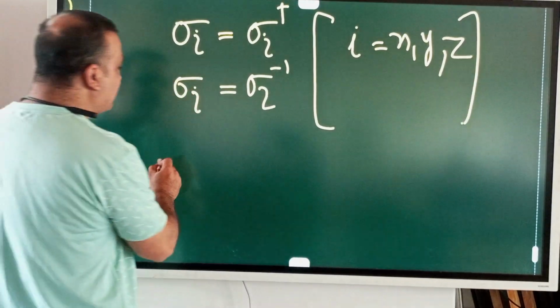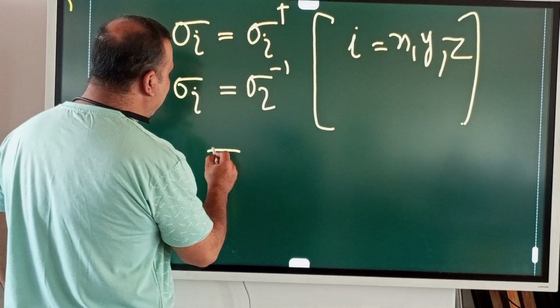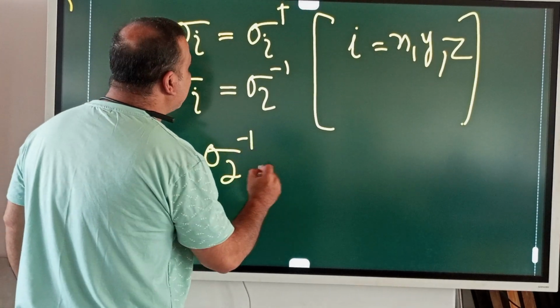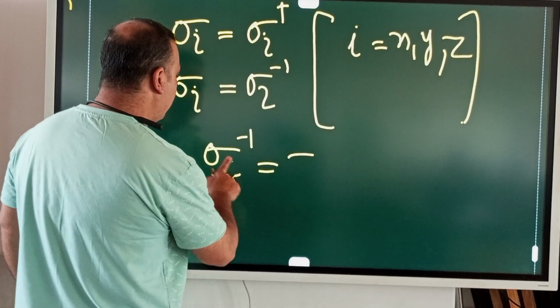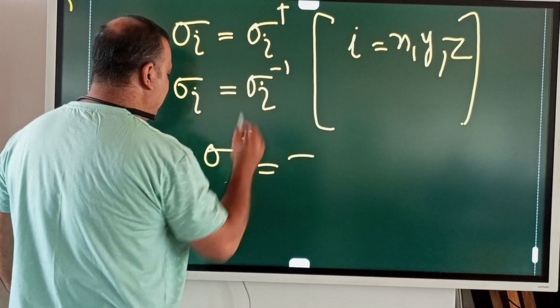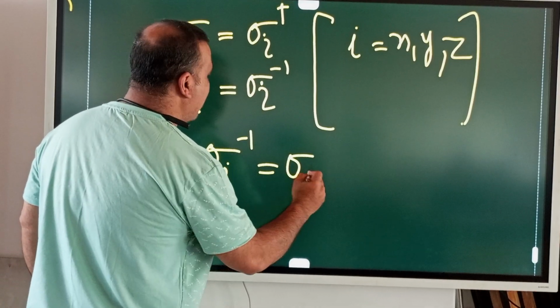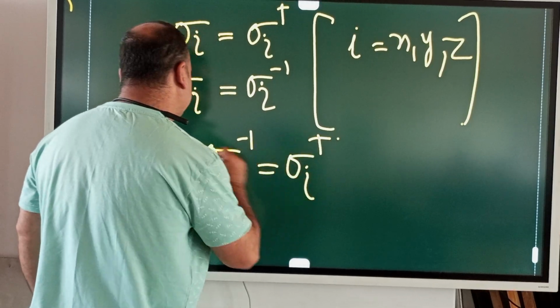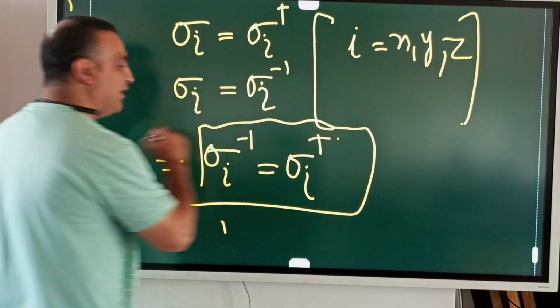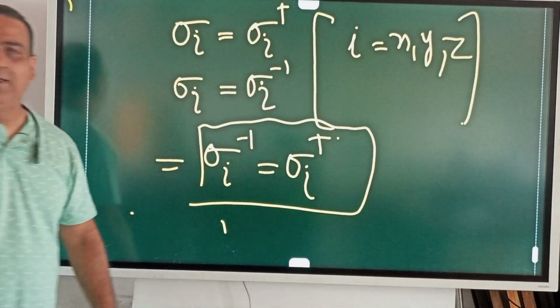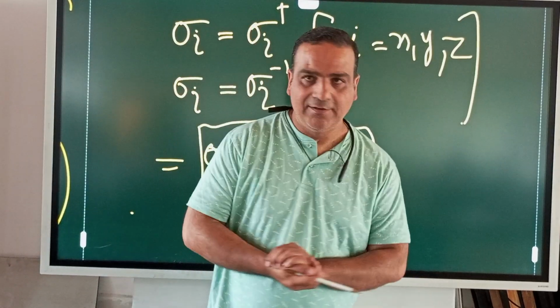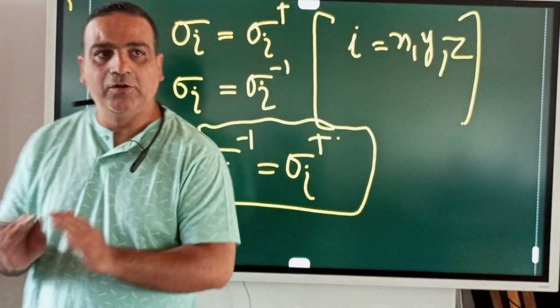On comparing these two, you are obtaining sigma i inverse is equal to sigma i adjoint. Is this clear?